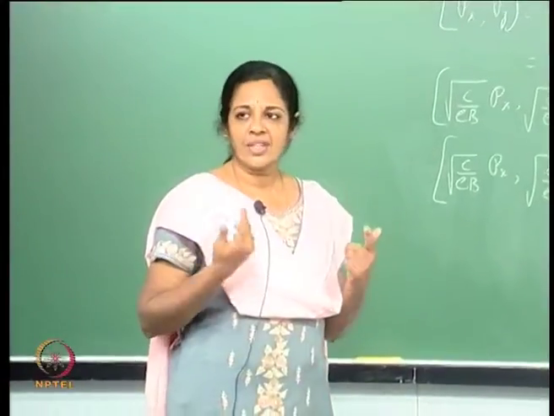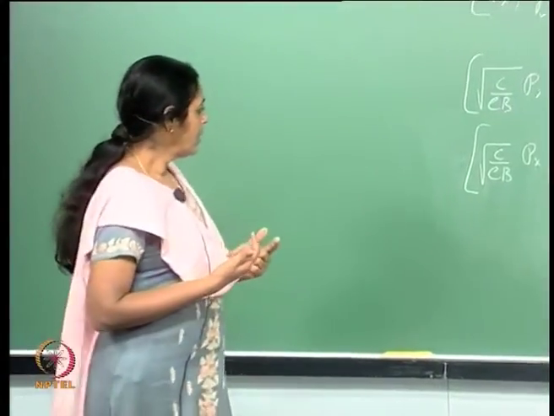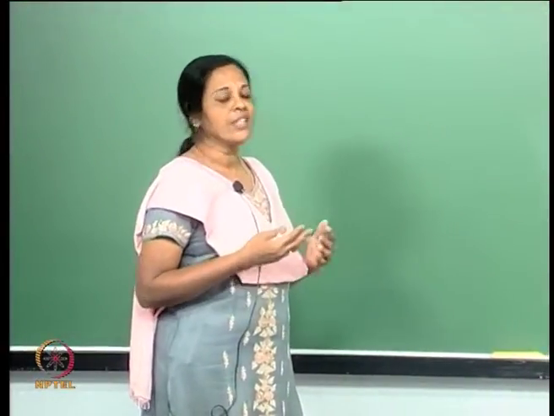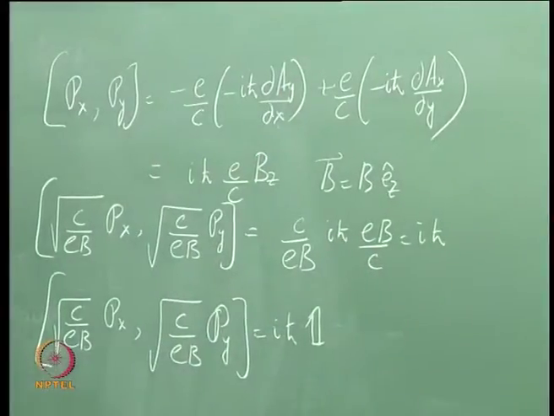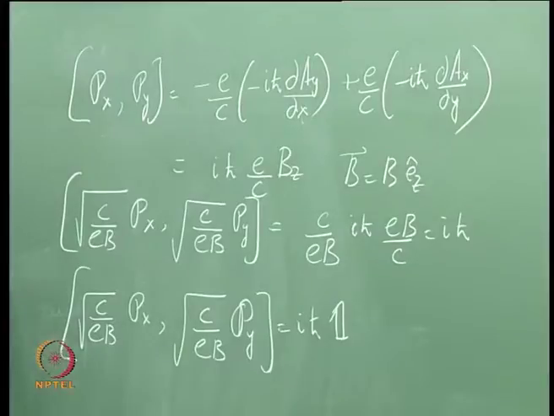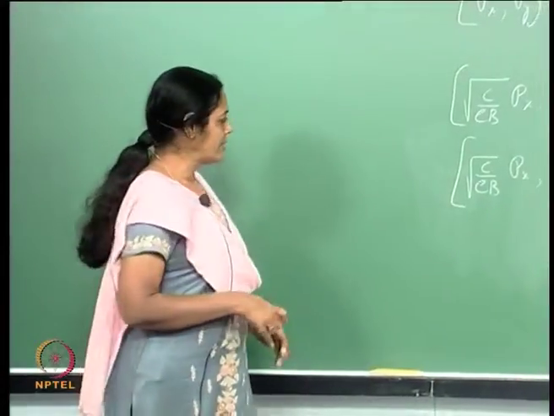So, my hunch was right. It should be possible now to define appropriate ladder operators, I will call them b and b dagger, as linear combinations of Px and Py, which satisfy the algebra commutator b with b dagger is identity.